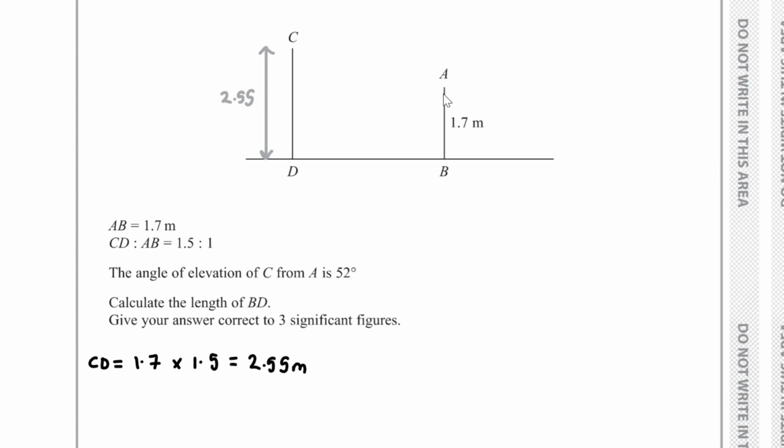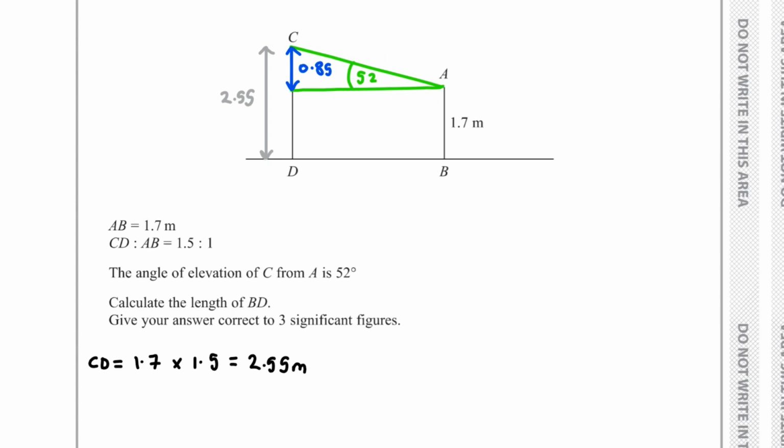What this means is that this angle over here is 52 degrees. If I calculate this height over here, I can use trigonometry to find this length, which corresponds to BD. This height is 2.55 take away 1.7, which is 0.85. Our goal is to find this length here.